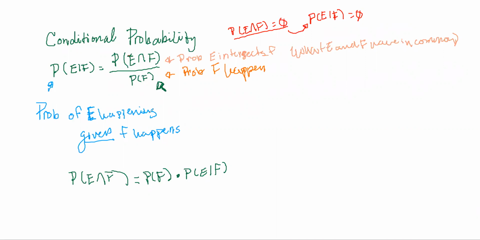So that's what's going on with this equation. It's important that you understand, number one, the lingo, that's E given F happens, and why this equation works, because we're concerned about when E is intersecting with F and how possible it is that F actually happens. That's why we have all of these probabilities combined to make this equation.